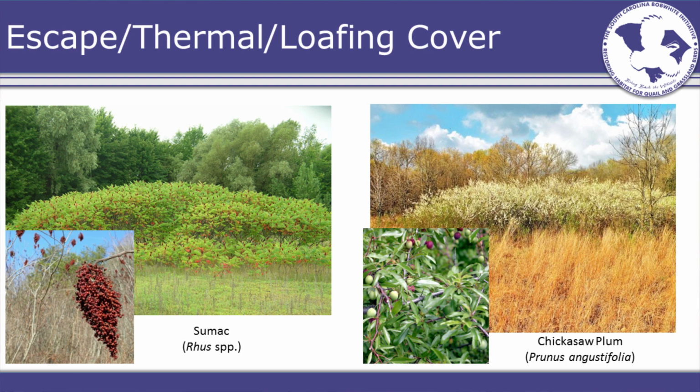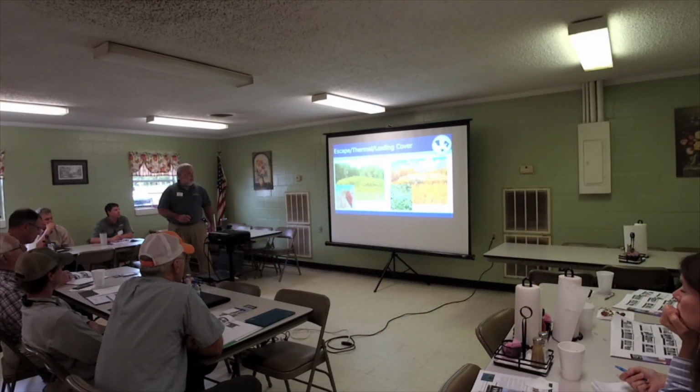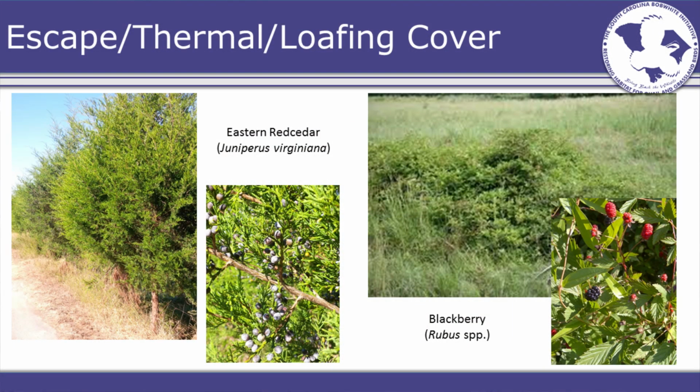Even if you do run fire through and knock it back one year, it's going to top kill it, but it will re-sprout. So your sumacs, which in our area we have the winged sumac, Chickasaw plum, some of the other plums, eastern red cedar provides really good cover, not just for quail but for songbirds during the winter time.